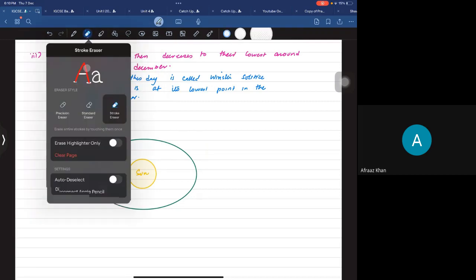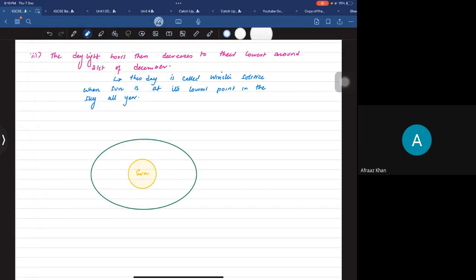I want to erase a few things. Okay, that's when the Earth, oh, let's not draw this.